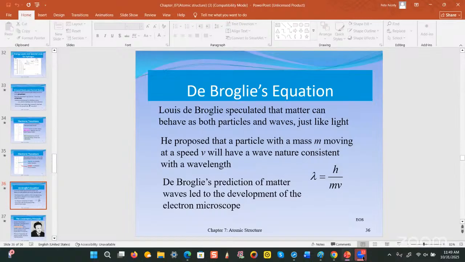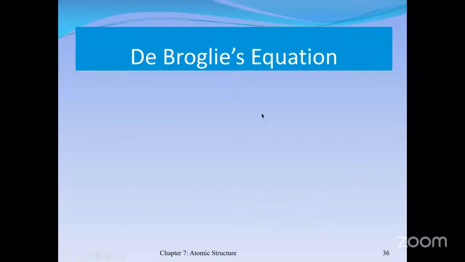I think I mentioned earlier that when it comes to waves, or I should say specifically when it comes to electromagnetic radiation, it turns out that they behave in 2 ways, which seems kind of counterintuitive. In one sense, electromagnetic radiation behaves as a waveform. In another sense, it behaves as a stream of particles known as photons, right?